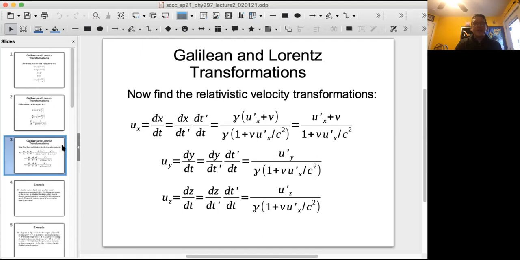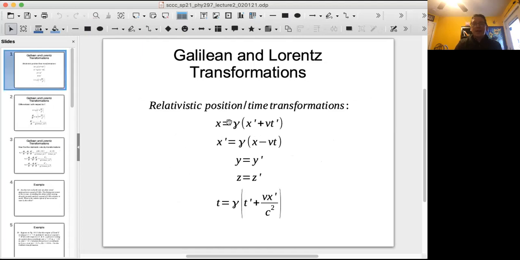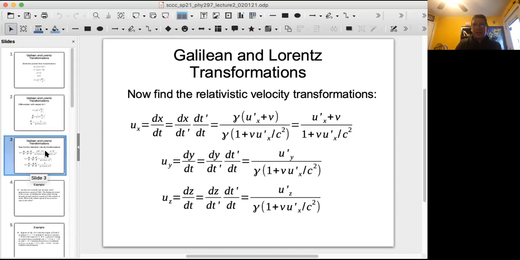So again, using the derivations we did before, using this derivation of x. Again, this is the position of the third object with respect to observer O, and x prime is the position of the third object with respect to observer O prime. And then y and y prime are the same, and z and z prime are the same, but the velocities aren't necessarily the same.